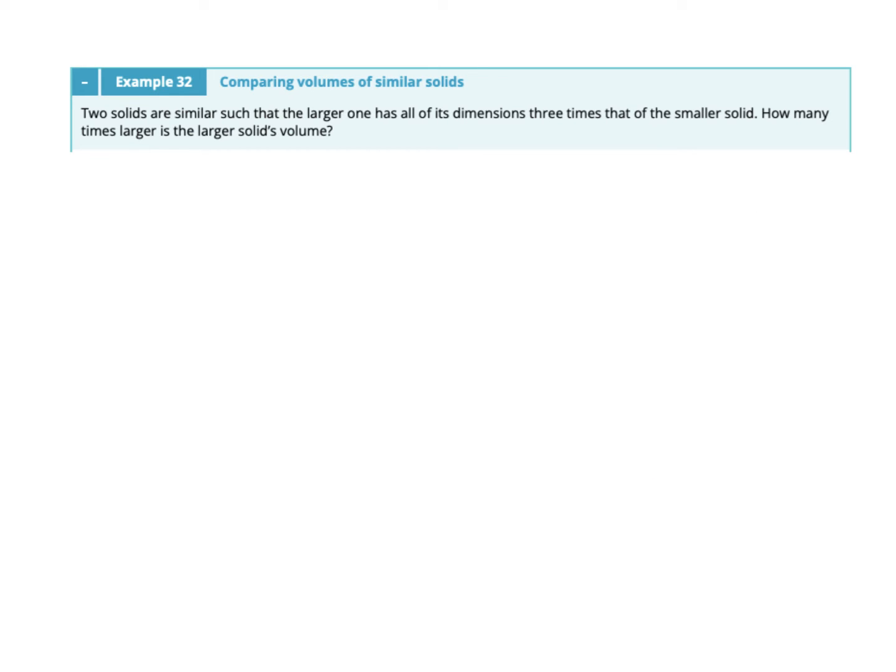So here's a question. It says 2 solids are similar. That's important. Once you see that word similar, you know you'll be using some of those. You have to use the ratios in some way. Such that the larger one has its dimensions that are 3 times that of the smaller one. When they say dimensions, you might want to write up that means a length.